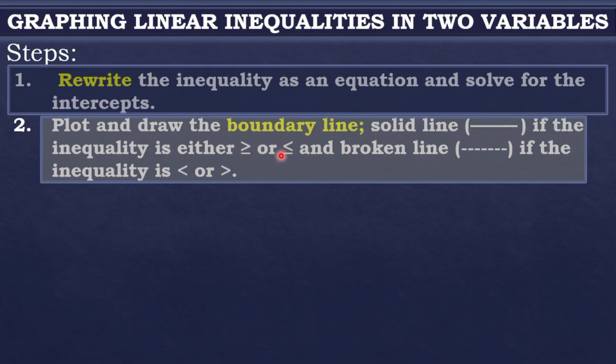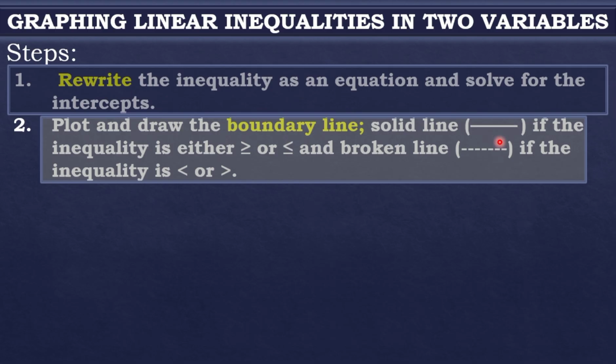So, kapag wala siyang equal sign, if it's only less than or greater than, then your line should be a broken line. Okay? Ulitin ko, ito po yung dalawang klase ng boundary line na gagamitin mo kapag nagpa-plot tayo ng intercept.